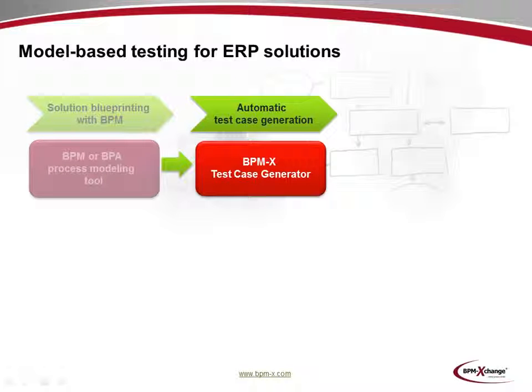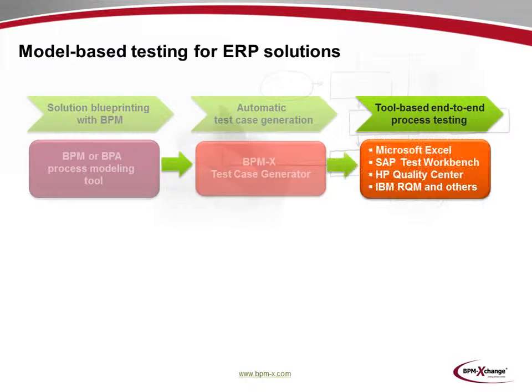The BPMX test case generator of course addresses tool-based end-to-end process testing by providing deliverables in different formats such as Microsoft Excel, SAP Test Workbench, HP Quality Center, IBM Rational Quality Manager and Visio, to name a few. Based upon the automatically generated deliverables, there are two basic alternatives for the execution of test cases.